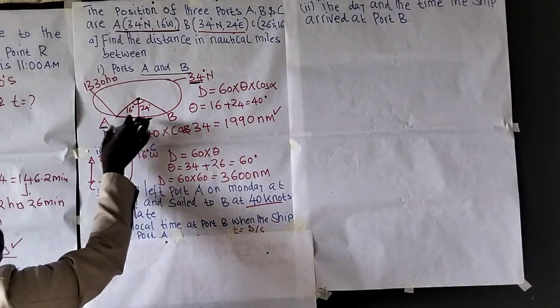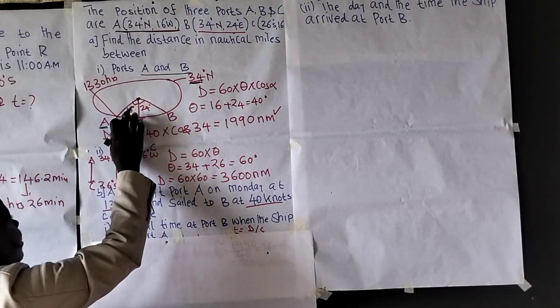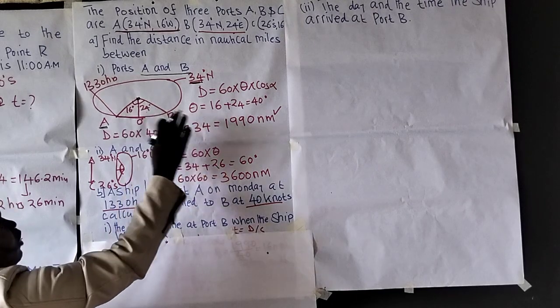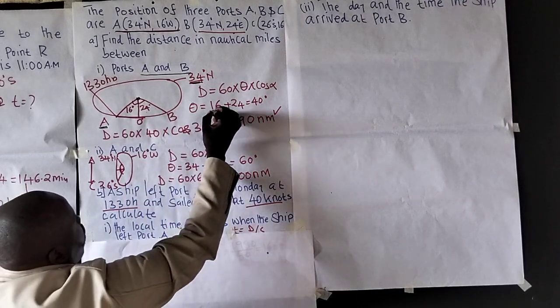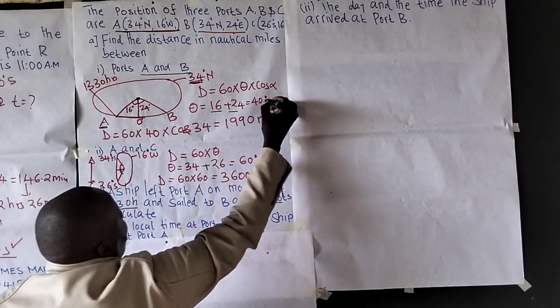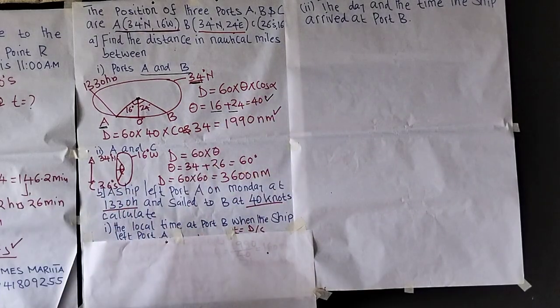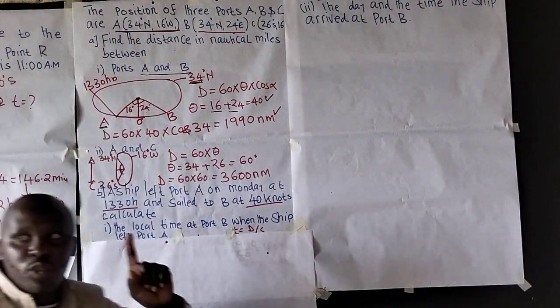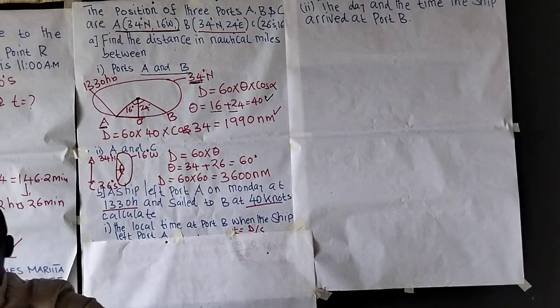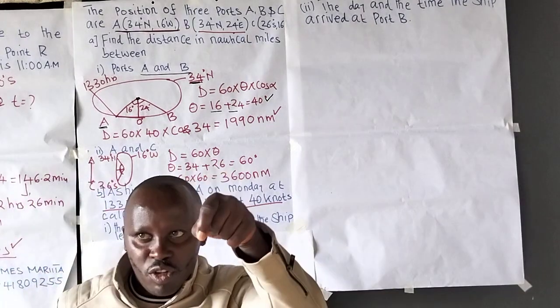So the angle between A and P is 16 plus 24, so theta equals 40 degrees.